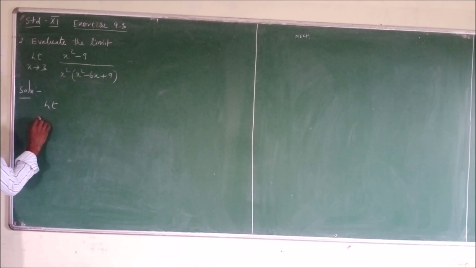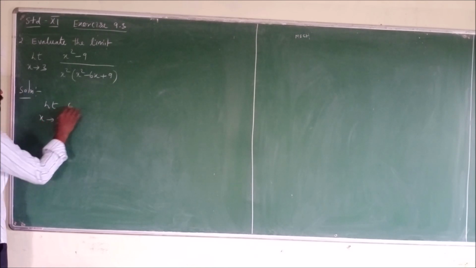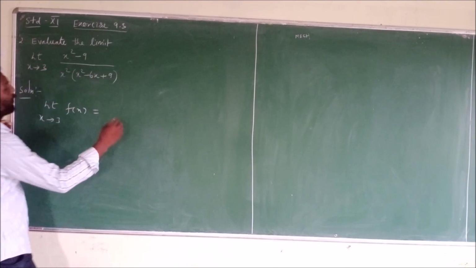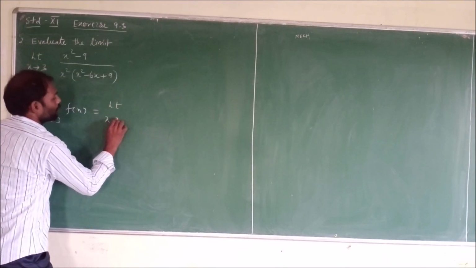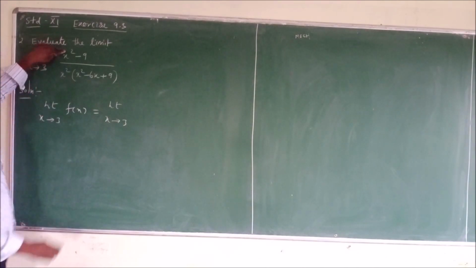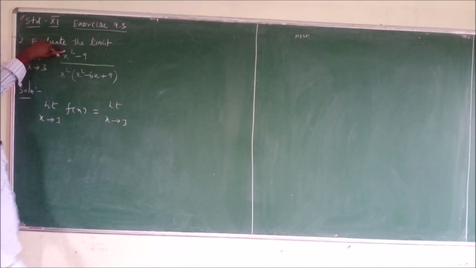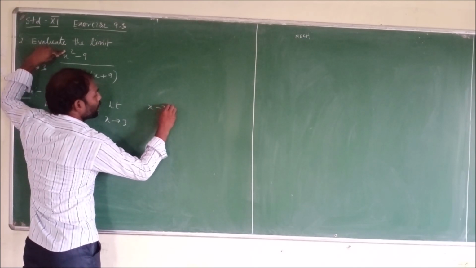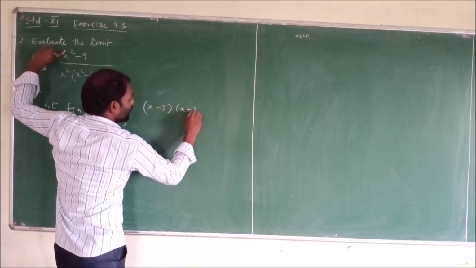Therefore, limit x tends to 3 of f of x equals limit x tends to 3 of the factorized form. In the numerator, x square minus 9 is x minus 3 into x plus 3.